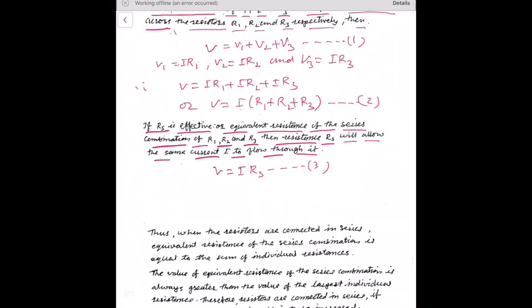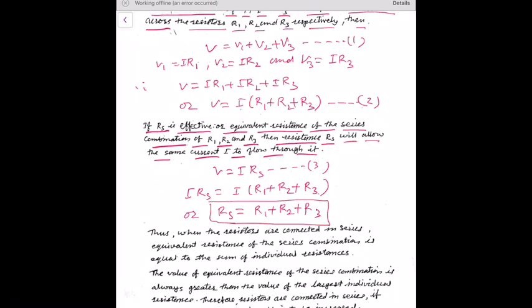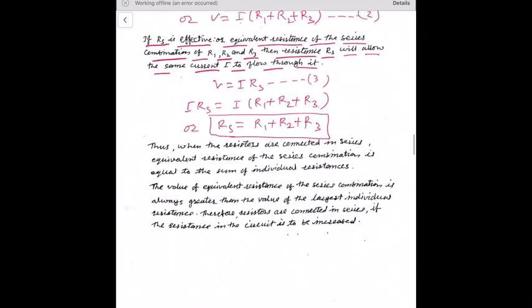From equation second and third, we have I Rs equals I times R1 plus R2 plus R3, or Rs equals R1 plus R2 plus R3. This is the equivalent resistance for series combination.